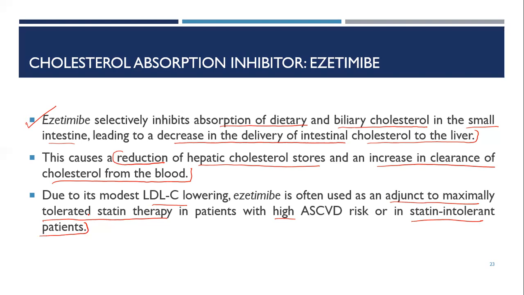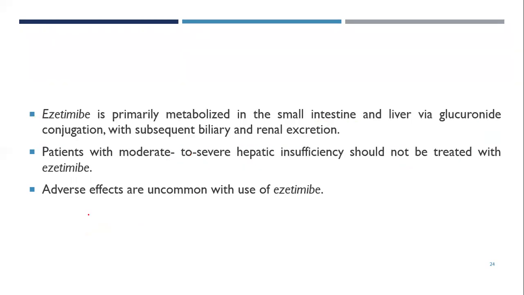Okay, mostly the statins. So ezetimibe is primarily metabolized in the small intestine and liver via glucuronide conjugation with subsequent biliary and renal excretion. So patients with moderate to severe hepatic insufficiency should not be treated with ezetimibe.